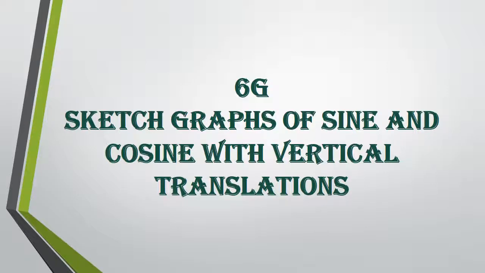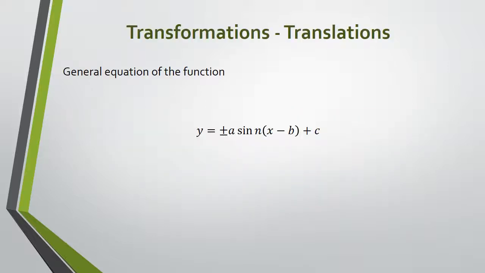Okay, so now what we're looking at is sketching graphs with vertical translations. Because we're translating vertically, we're going to have to put a bit more work into working out the x-intercepts. We've seen this before with basic transformations. In this case, we're considering the effect of plus c.